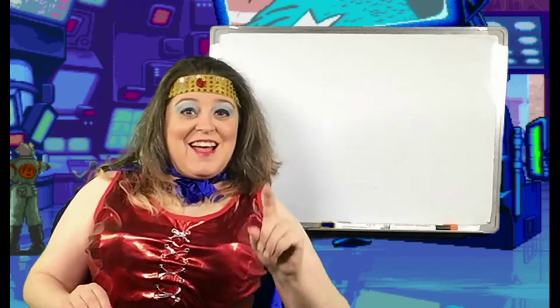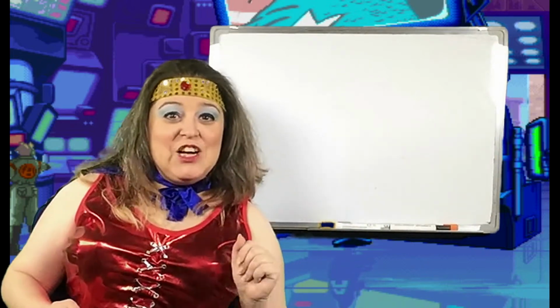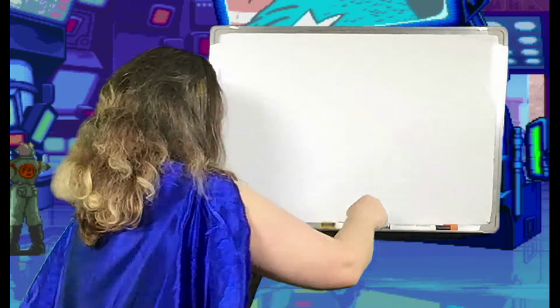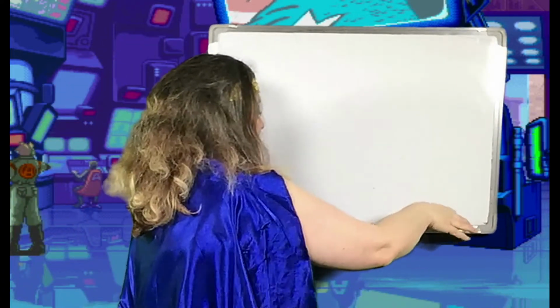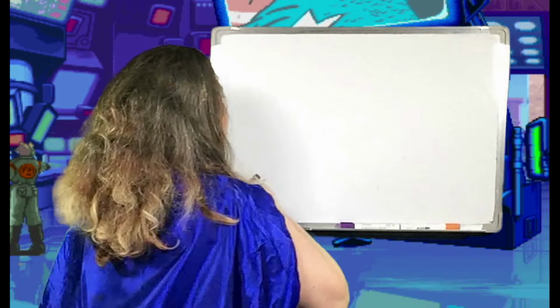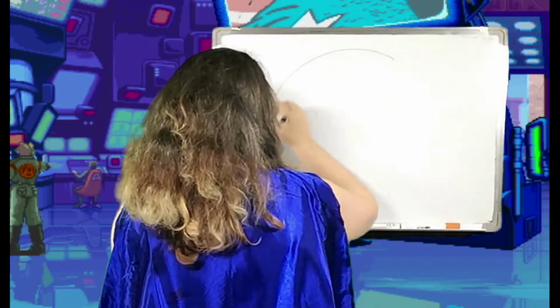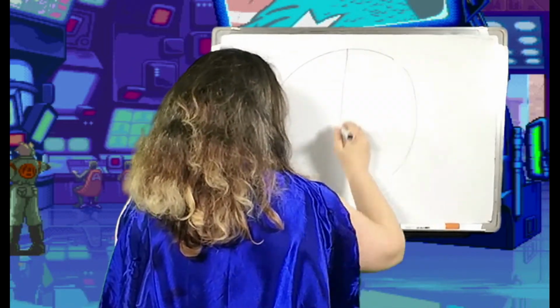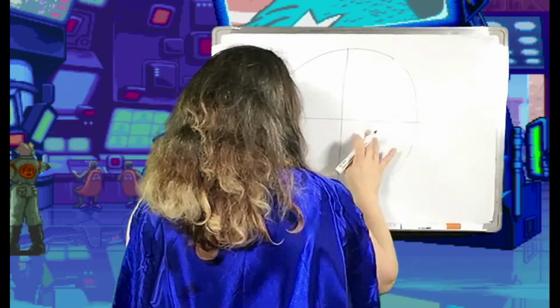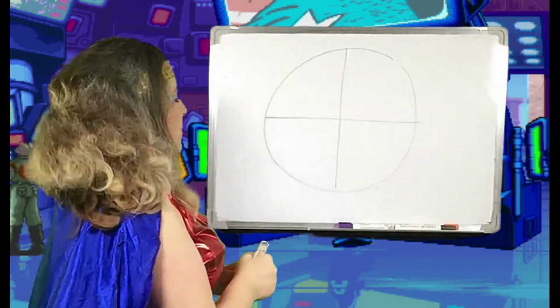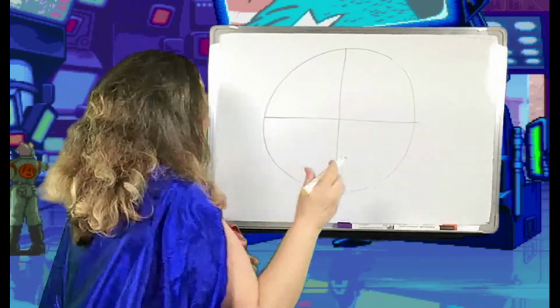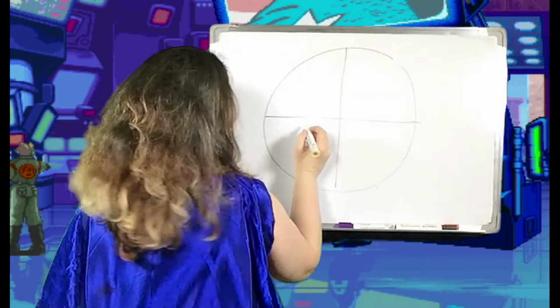Okay. I'm hearing some really good thoughts out there. Well, how are we going to figure out how big the bunch of bananas was? Well, we know that a quarter is 4 equal pieces. So, I'm going to draw in yellow because bananas are yellow.